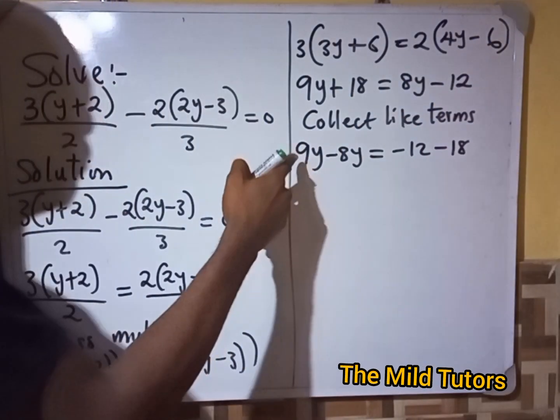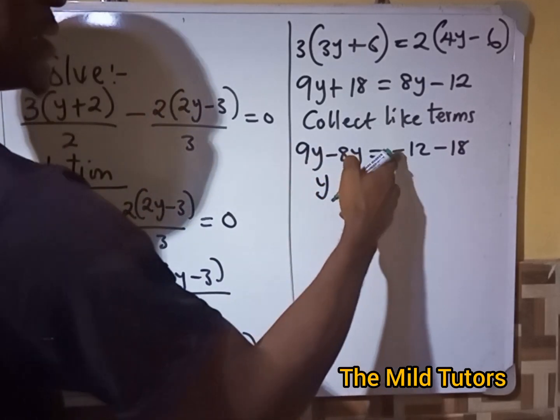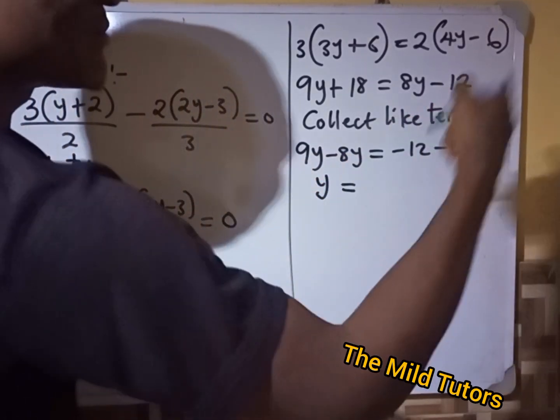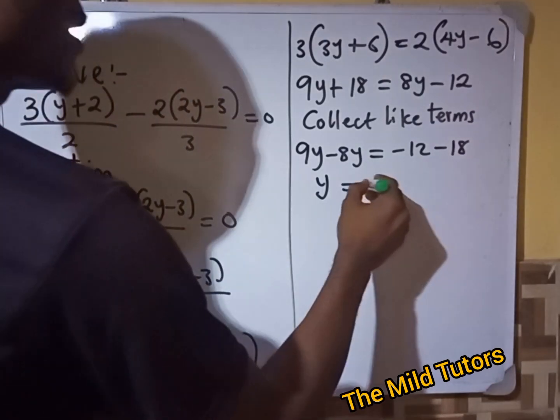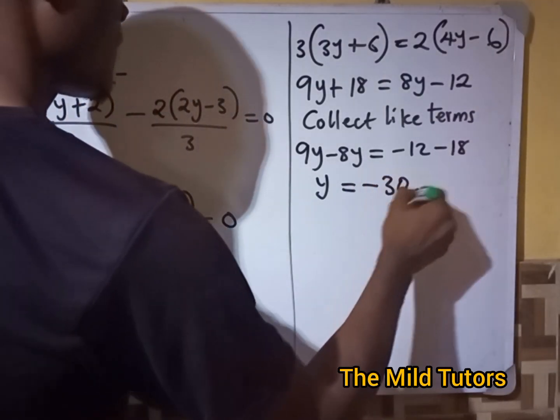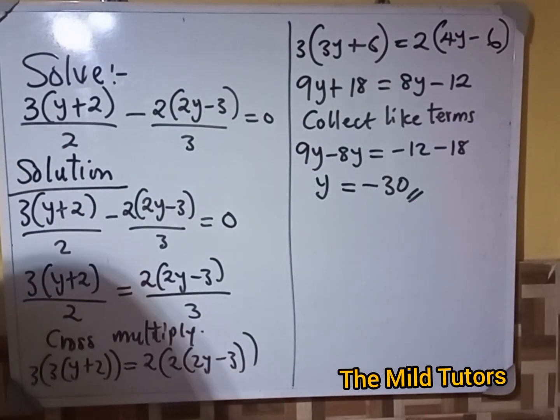So 9y minus 8y, you have y, then minus 12 minus 18, same as you say minus 12 plus minus 18, so you have minus 30. And from all look of things, minus 30 is the value of y.